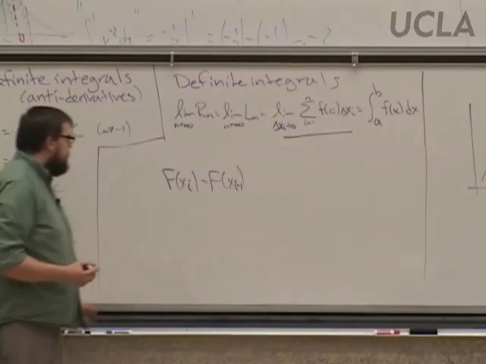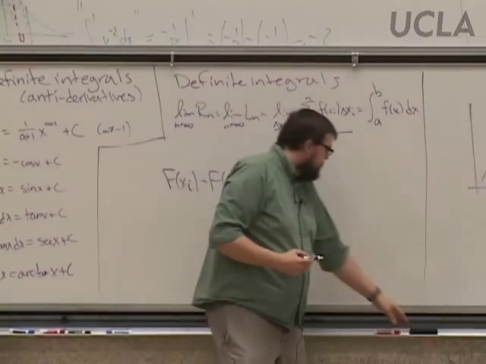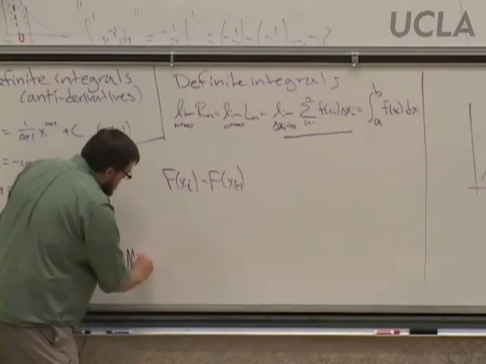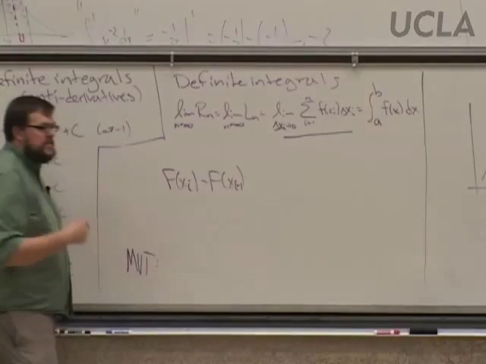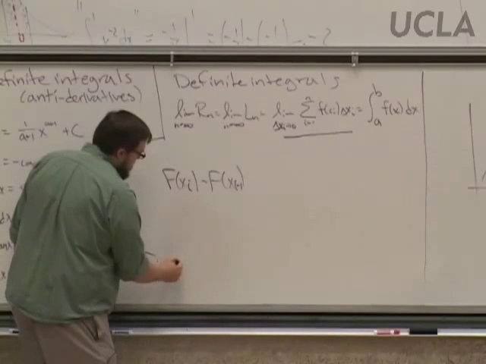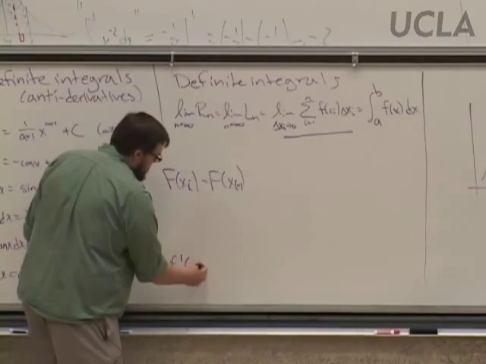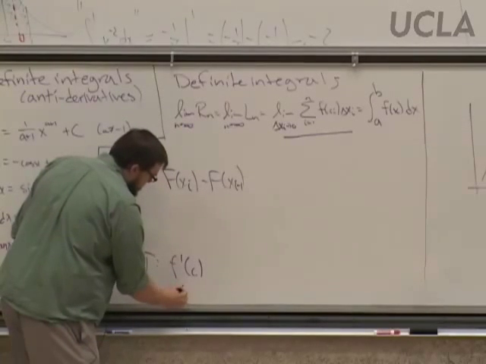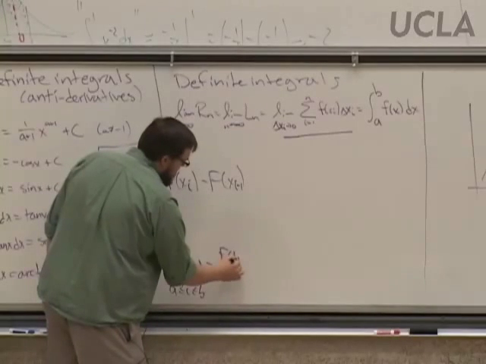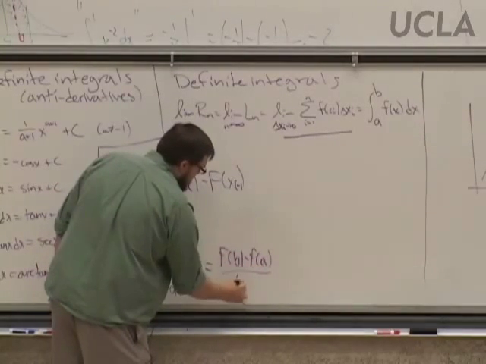Well, now we're going to pull out a nice fun fact, which is the mean value theorem. Let me just write that down. It says if our function is continuous on the interval from a to b, then the derivative at some point between a and b is equal to f of b minus f of a over b minus a.